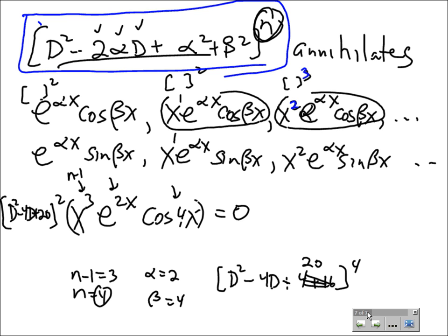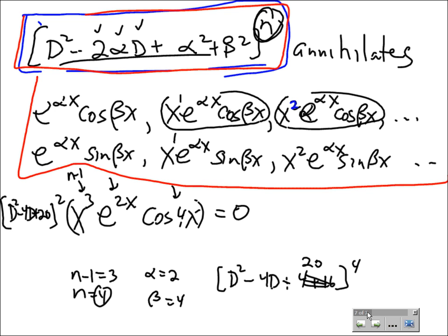The formula is very powerful. This differential operator annihilates all of these. And the lowest power that n can be is 1 more than the power of x, or the understood power of x. So that's pretty beautiful.